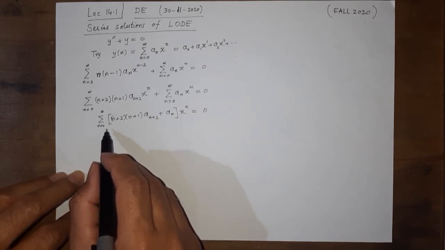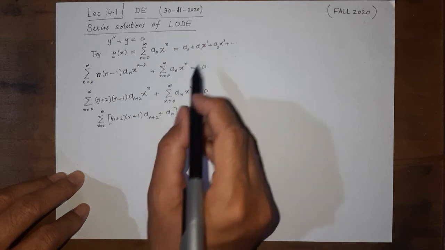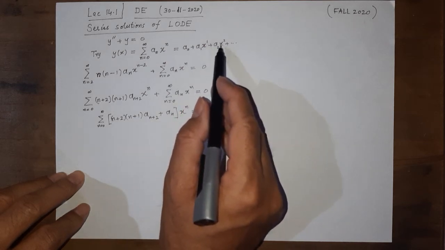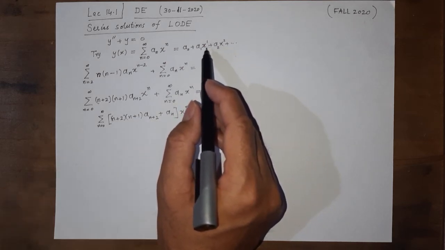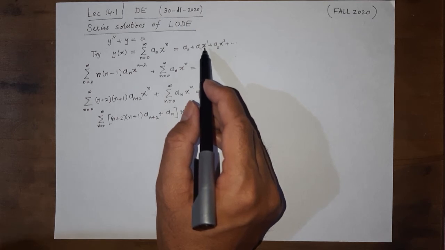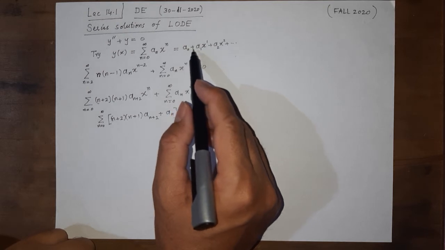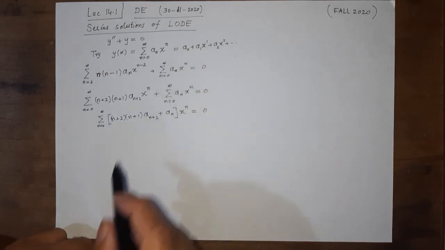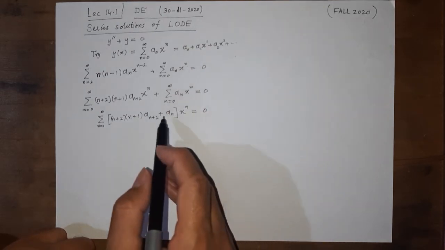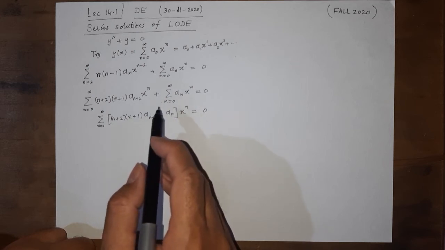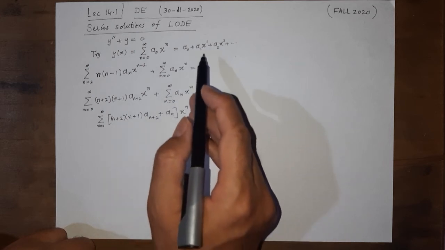We can get a whole series equal to 0 by having x equal to 0, but even that would not be enough. We must need a naught not equal to 0 as well. We will later see that if a naught is 0, then a2 would be 0 and a4 would be 0 as well.